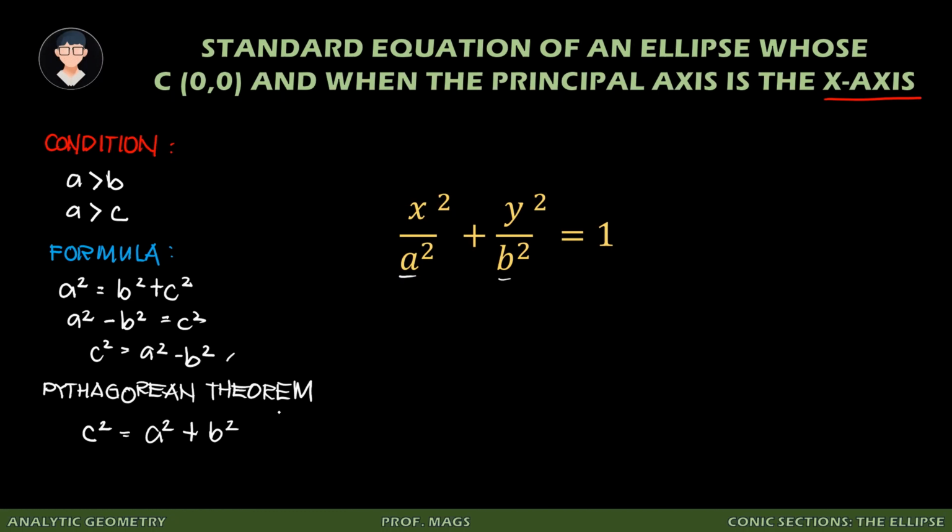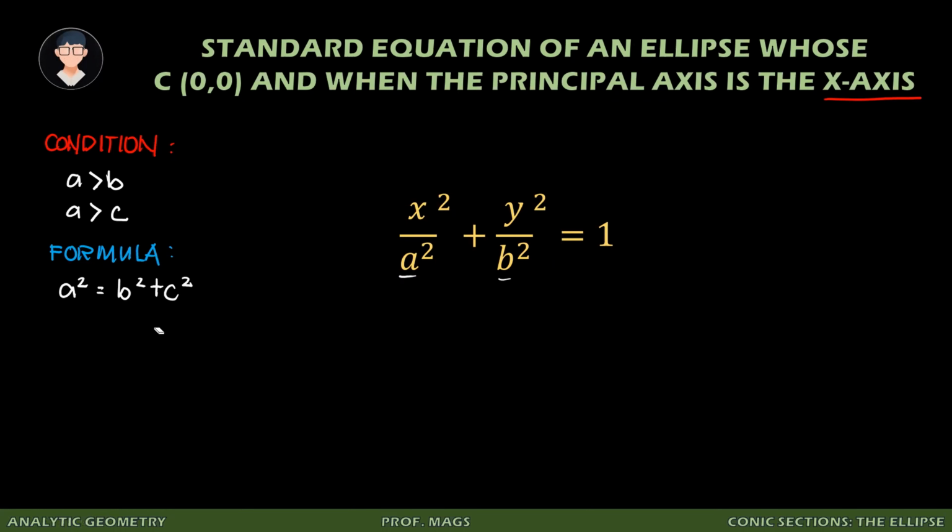As you can see, hindi sila magkaparehas. Ito ay negative, ito ay positive, di ba? So we cannot say that this formula right here is the Pythagorean theorem. So that is the formula when you are given the a value and the c value. And you have to find the value of b in order for you to formulate the standard equation.